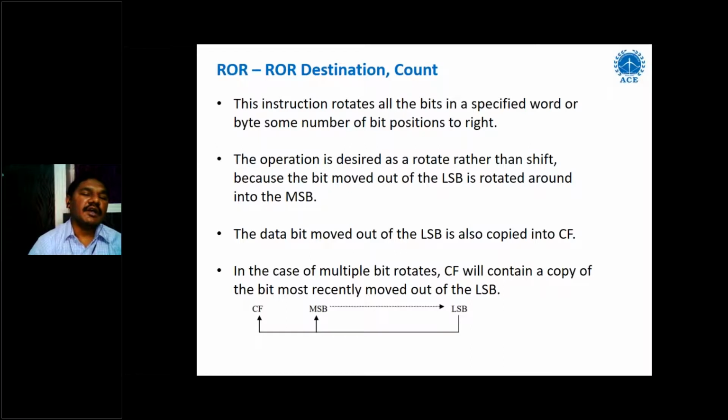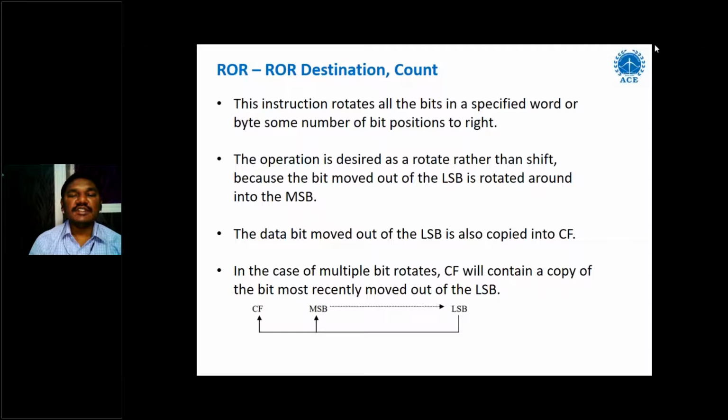And ROR is rotate right without carry. You see here, right side means this one. This is the MSB and this is the LSB, and carry will not be changed. The LSB bit is shifted to the MSB and the other bits are shifted by one position. This instruction rotates all the bits in a specified word or byte some number of bit positions to the right side.